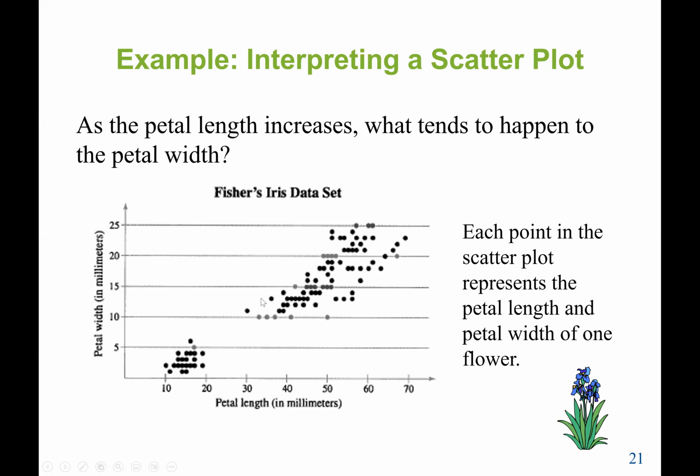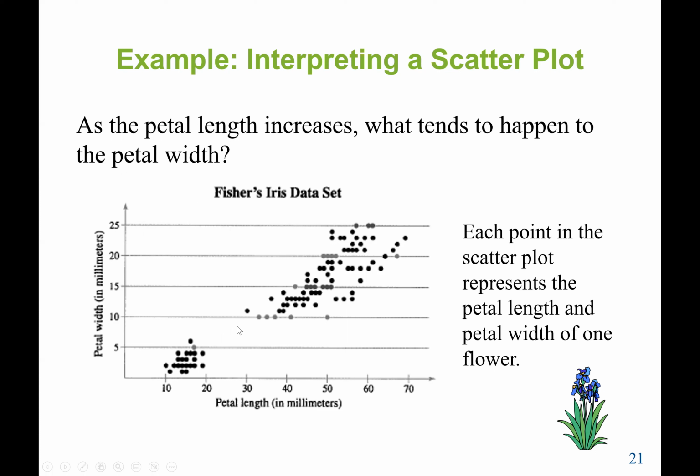As we said, this is two-dimensional. For example, this point here says that when X, which is our petal length, the horizontal, is 30, the Y, which is the petal width, is 11. So this point has two values, 30 for petal length, 11 for petal width.